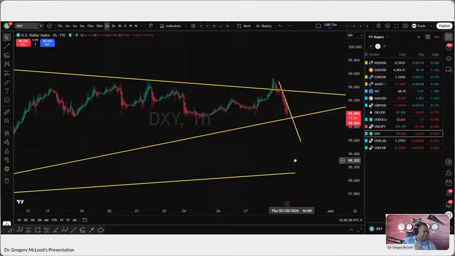You can take a Fibonacci expansion off that, like this, and then you can get a typical high. I drew it exactly 61.15, and we're currently at 59.32. So we could see a continued move in Kiwi dollar. So bulls versus bears, I am bullish Kiwi dollar.